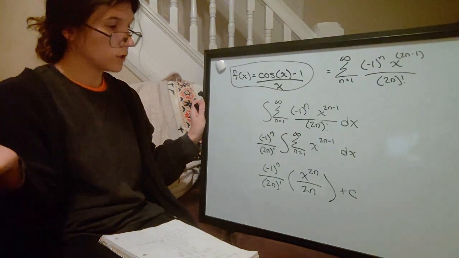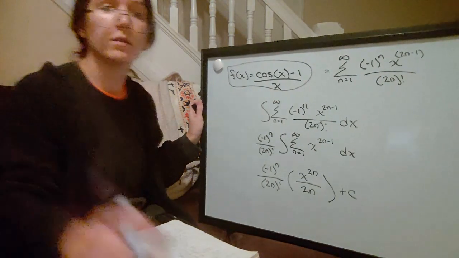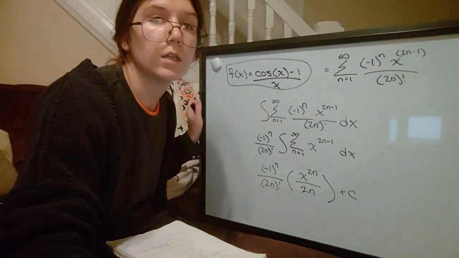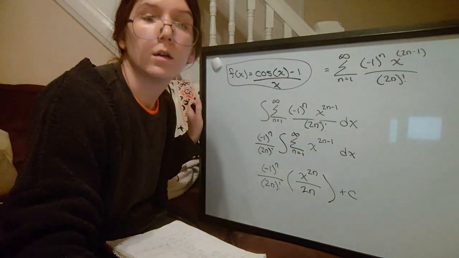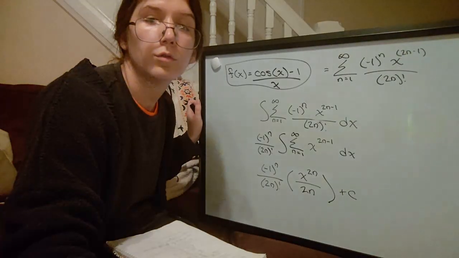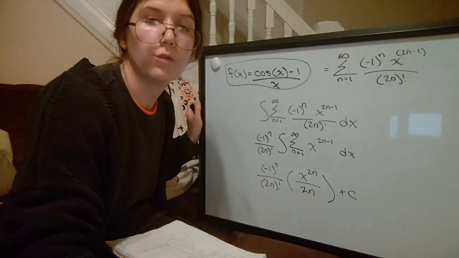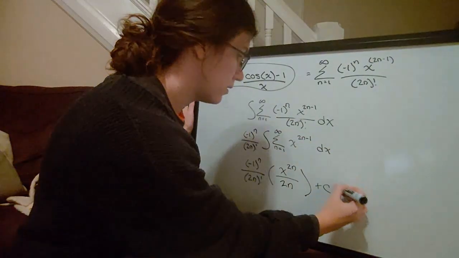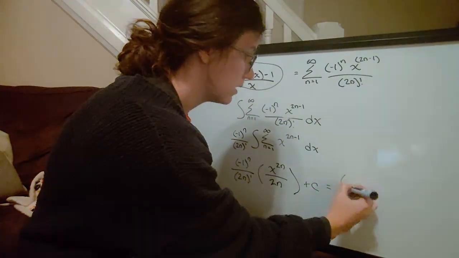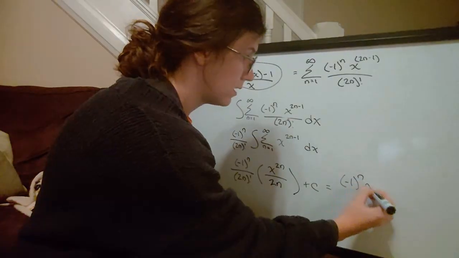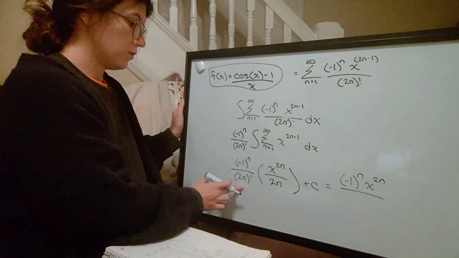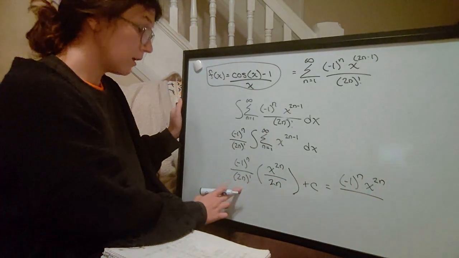Sound good? So I guess we could smush these together. I'm curious what actual format this will take. I would maybe smush these together and say negative 1 to the n, x to the 2n over 2n times 2n factorial.